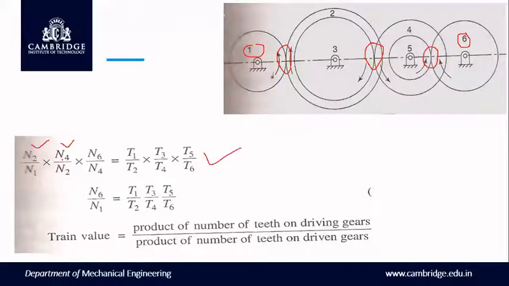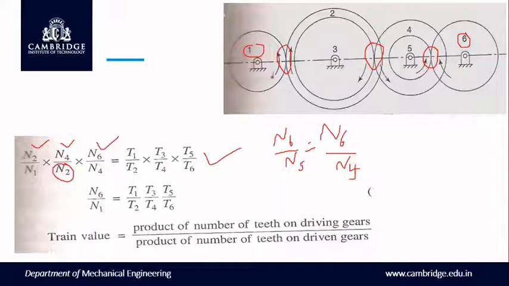So instead of taking N4 by N3, I can write N4 by N2. In a similar way, instead of writing N6 by N5, since gear 5 and gear 4 are on the same shaft, I can write N6 by N4.